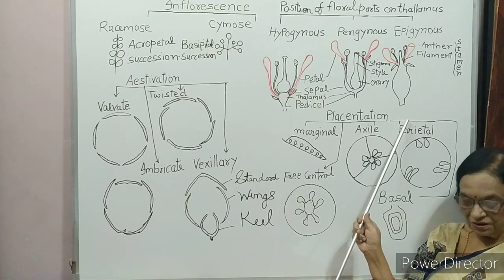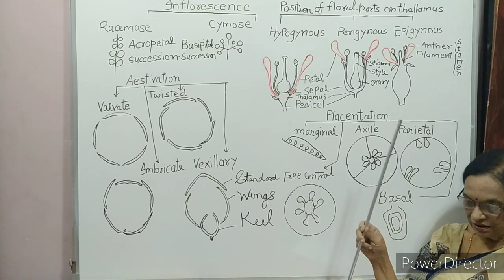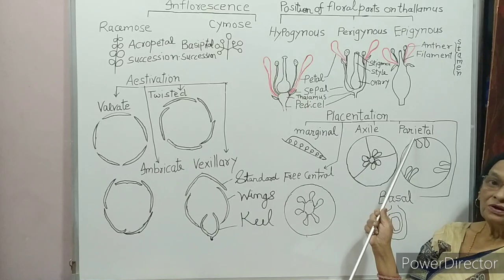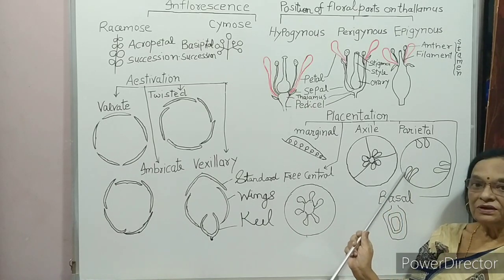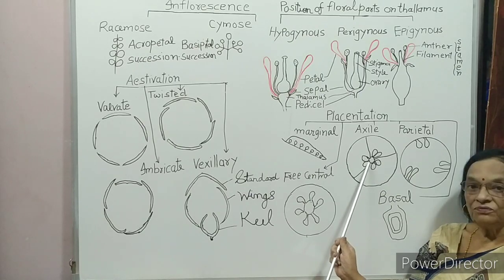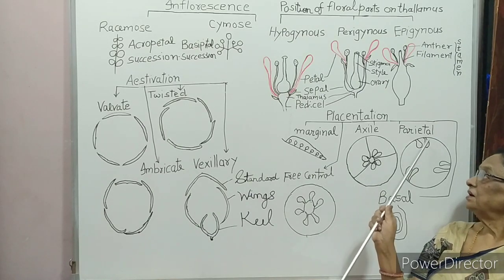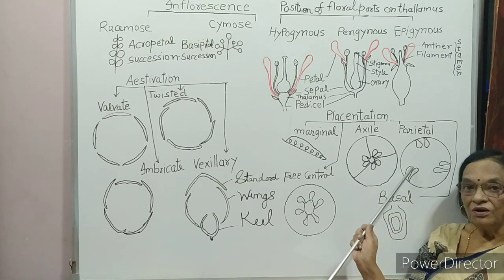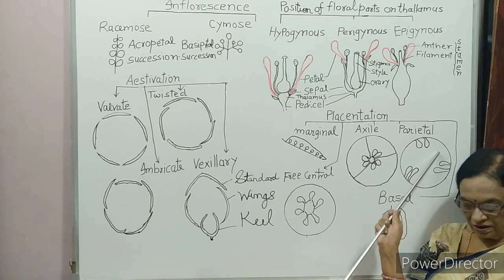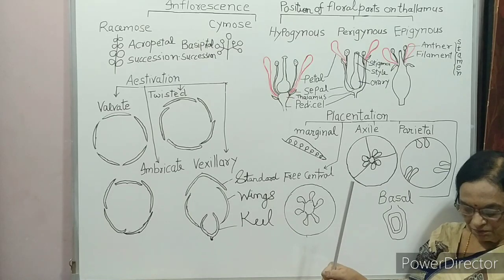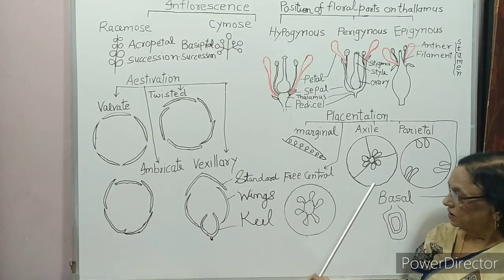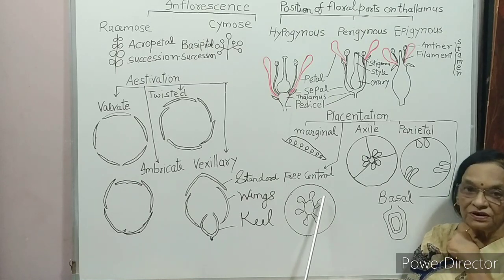Parietal. In parietal placentation, ovule develop from the inner wall of the ovary. So it is called parietal placentation. What is free central?